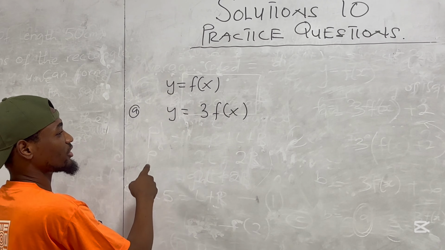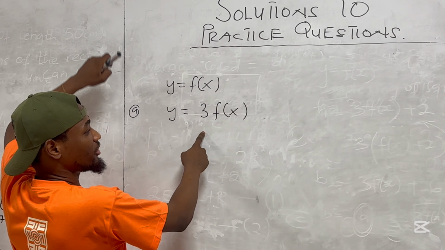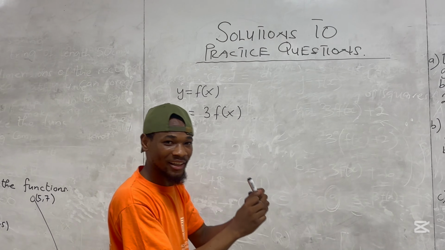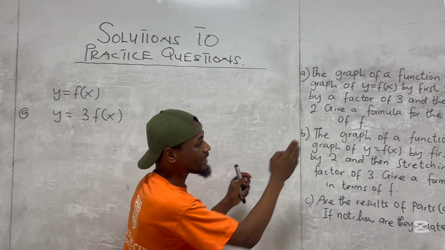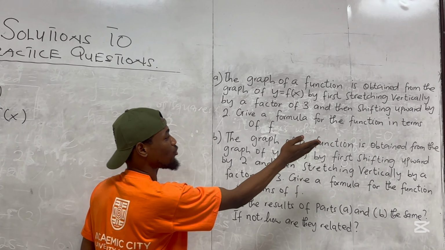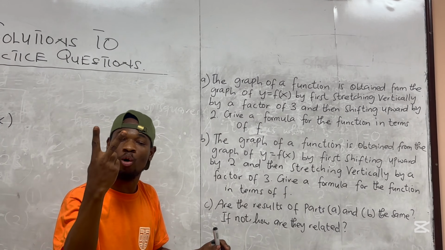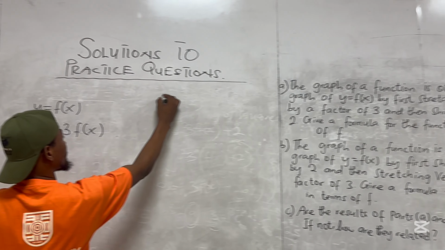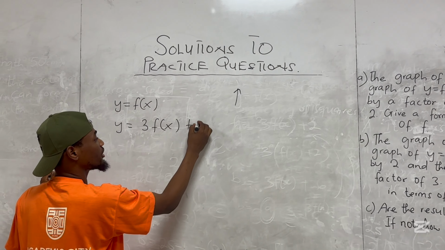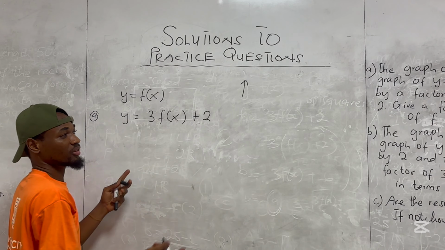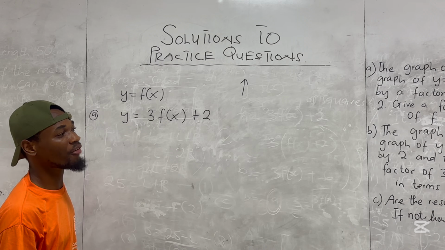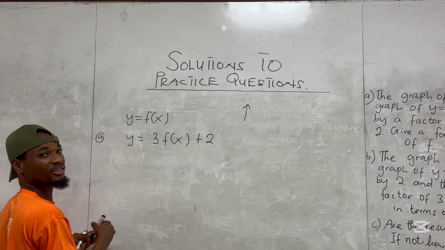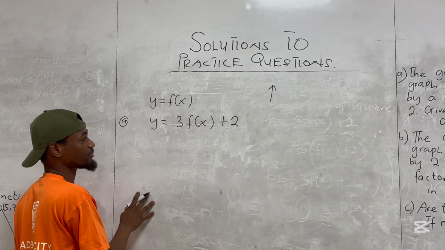So by first stretching vertically by a factor of 3, and then shifting upwards by 2 units. So shifting upwards this way, we have plus 2. So the question is, give a formula for the function in terms of f. So this is the answer, all right?